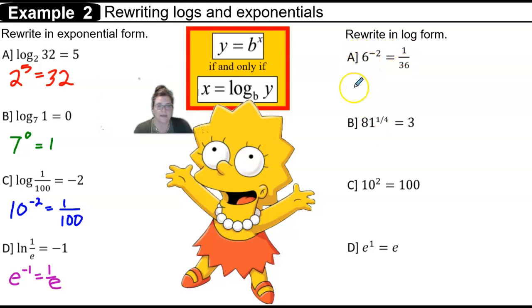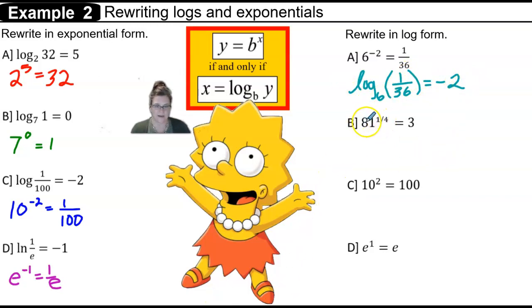The base is 6, so we'll have a log, and then the subscript on the log is a 6, so log base 6 of, and then the argument of the log is 1 over 36. And the answer to that logarithmic expression is the exponent -2. So the log base 6 of 1 over 36 is equal to -2.